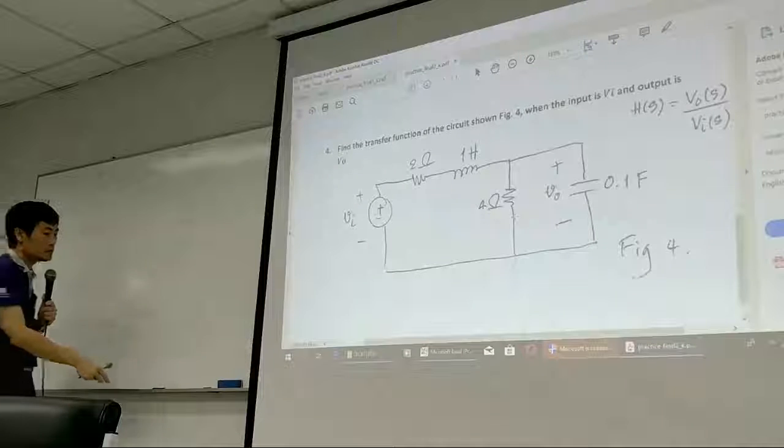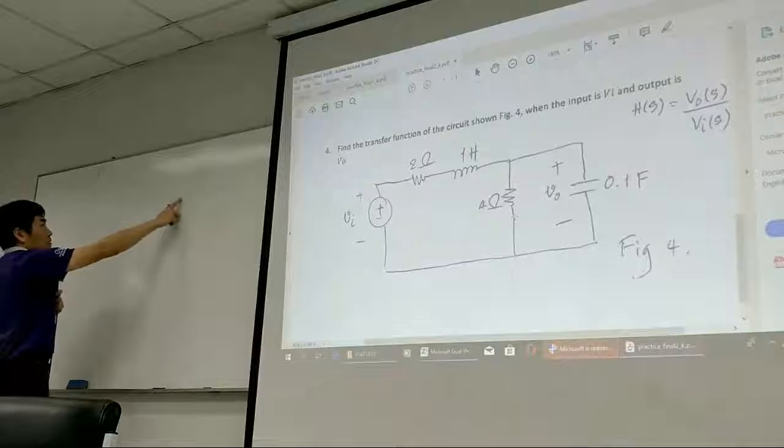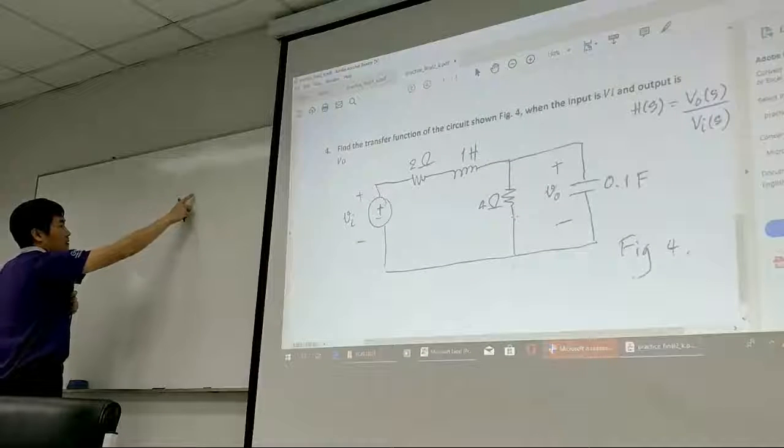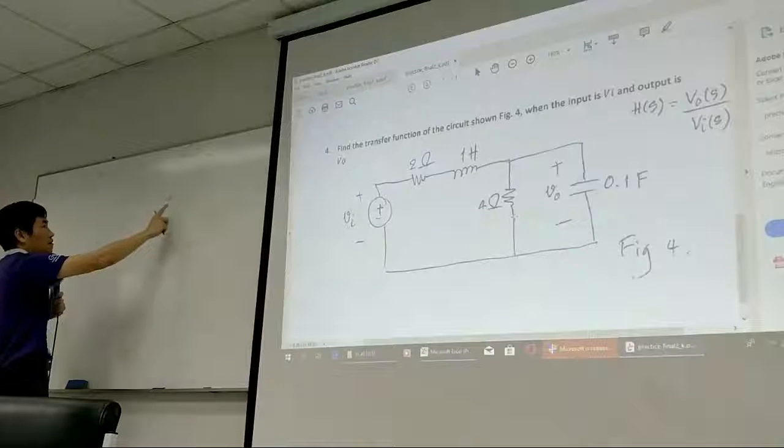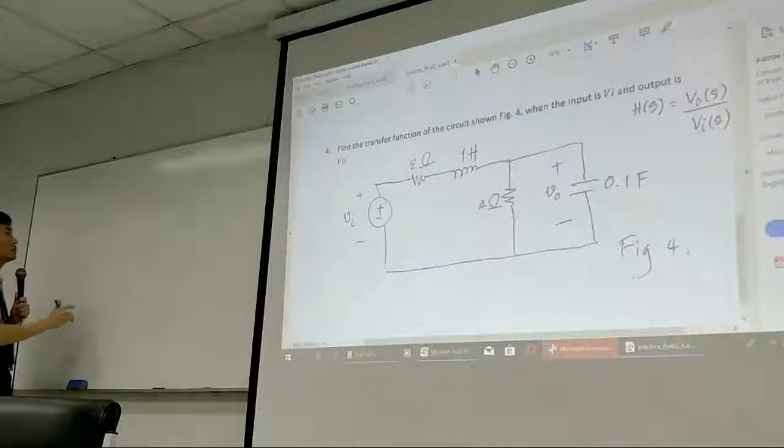So if we do this, the current going in equals the current going out. So the current going in, that current equals that current.